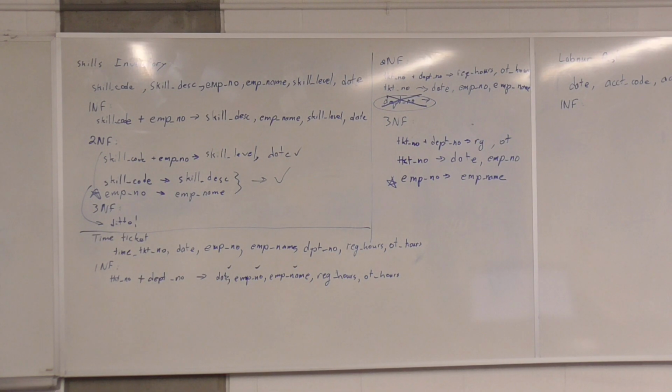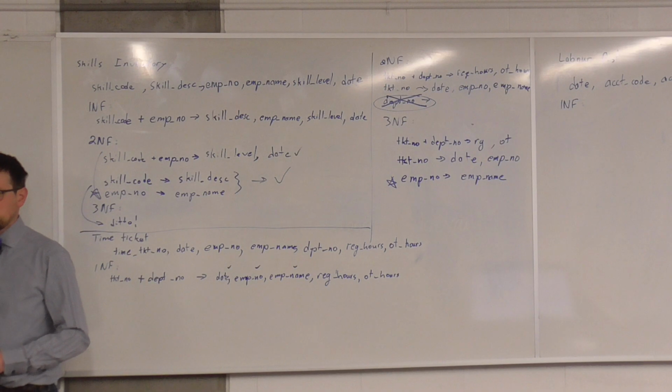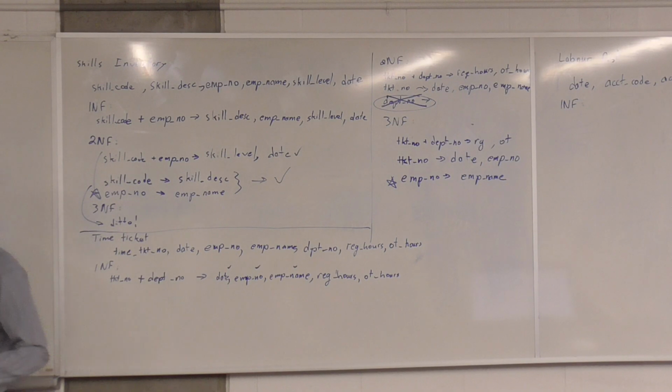Basically, from a top level standpoint, what this report is trying to tell us is how much money was spent on labor in each department on a particular day. So you could imagine this being a daily report, right?